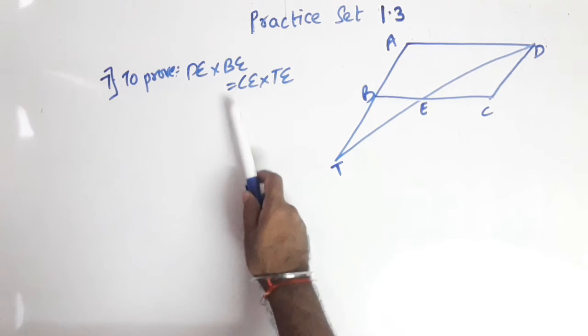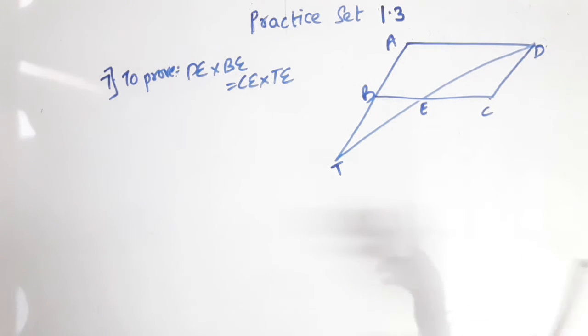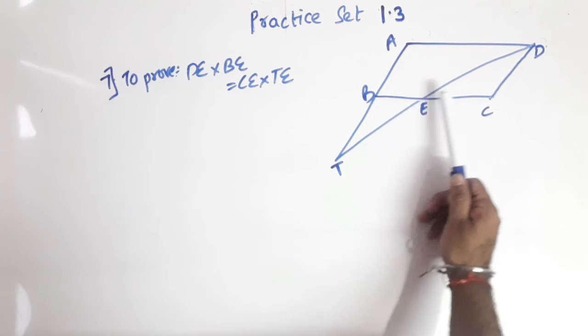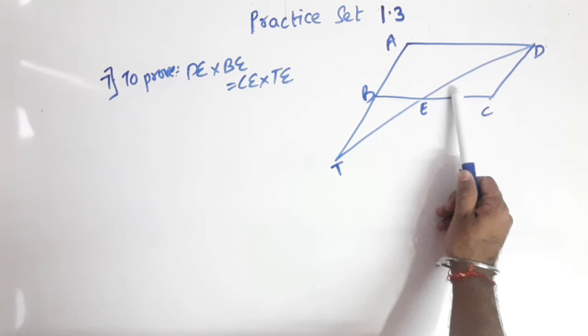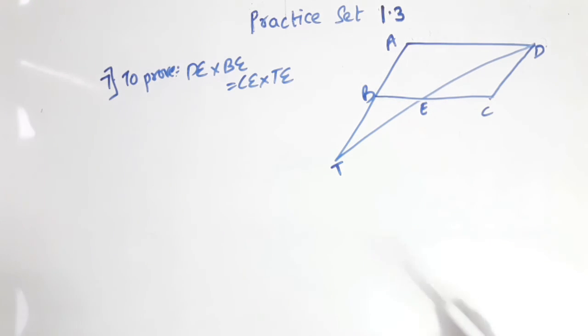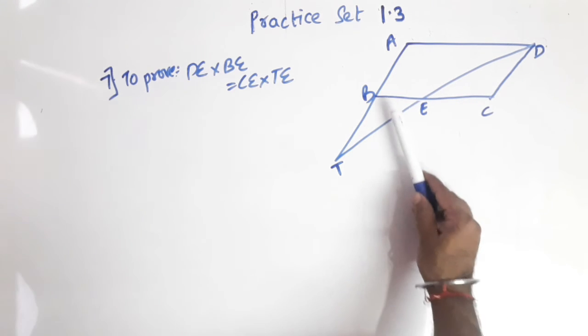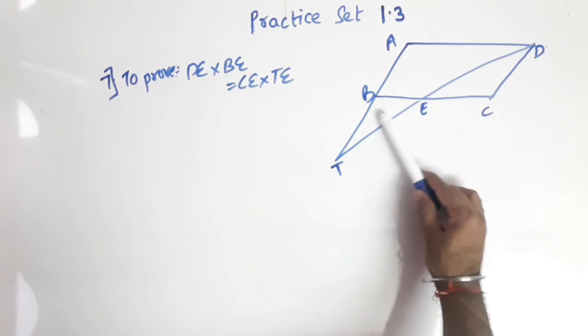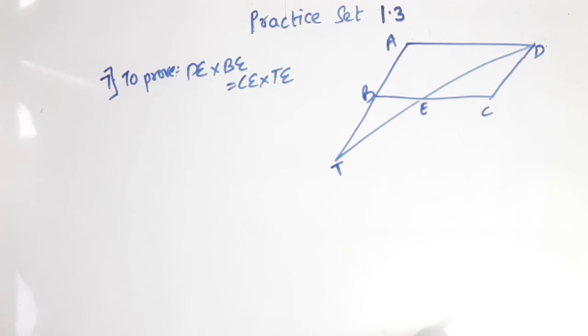The sides that you have to take are the parts of which two triangles? Yes, they are the parts of these two triangles. Now, we have to prove these two triangles similar.